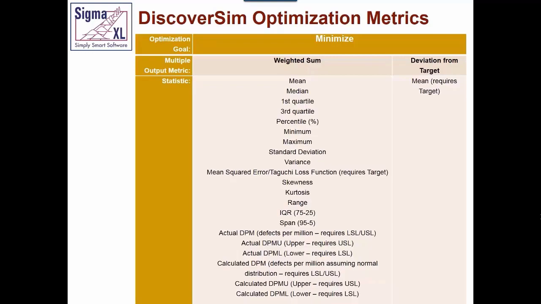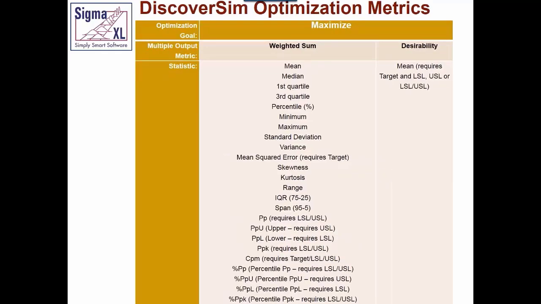In DiscoverSim, you have quite an array of options for metrics to optimize. And this is just a list. I'm not going to go through them in detail, but just to show you that there are lots of different metrics that you can choose, whether it's to minimize or to maximize. You can pick off whatever particular metric is of interest and run the optimizer.